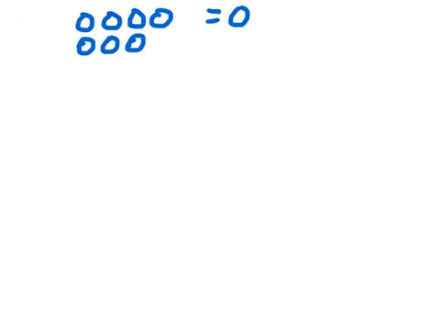So now let's go ahead and look at a table real quick. If we start counting, this is of course 0, 1, 2.